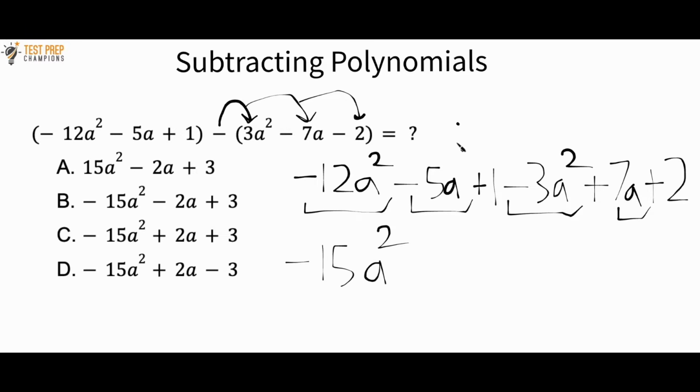So what is minus 5a plus 7a? Well, that's going to give us positive 2a. Lastly, I've got this 1 plus 2, and 1 plus 2 is 3. So when all is said and done, I should have negative 15a squared plus 2a plus 3, and that is answer C. So C is the correct answer here.